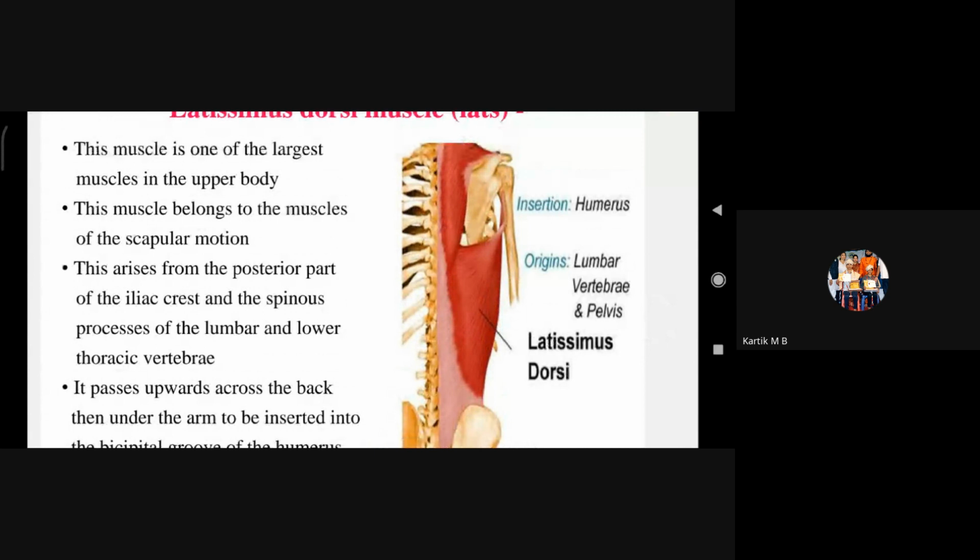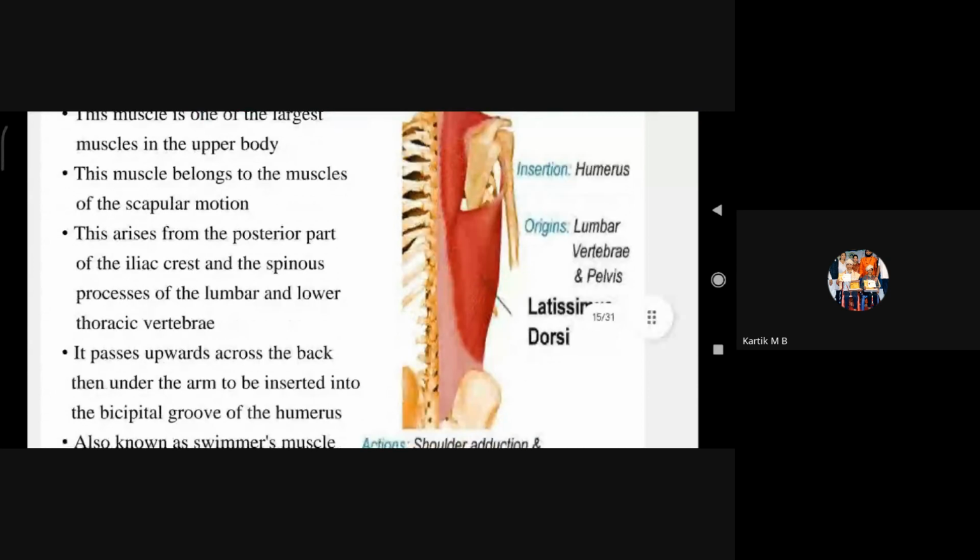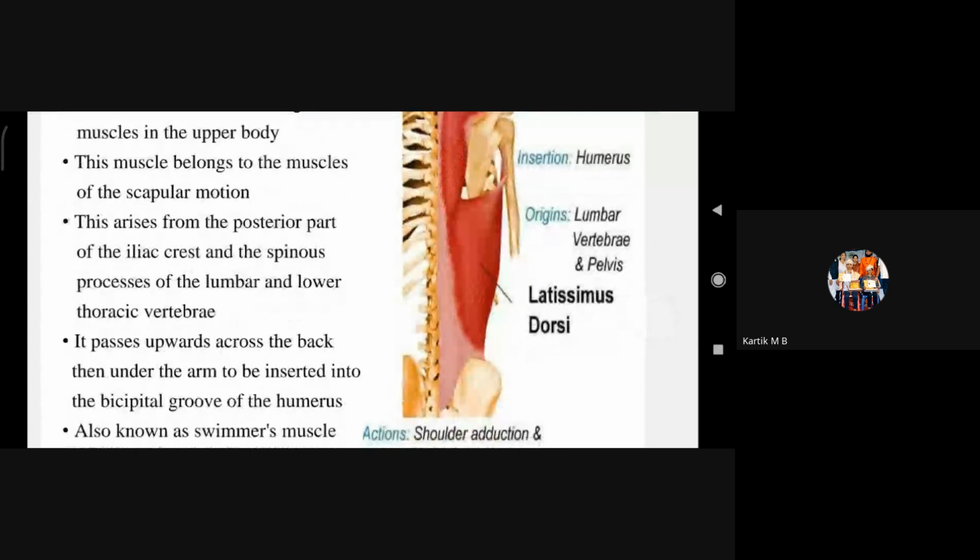This arises from the posterior part of the iliac crest and the spinous process of the lumbar and lower thoracic vertebrae. Here in this picture, you can see that the muscle is originating from the iliac.